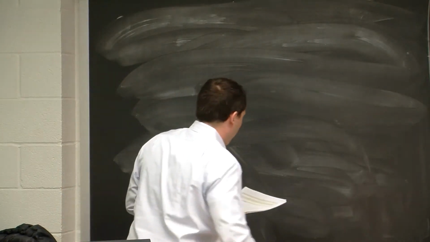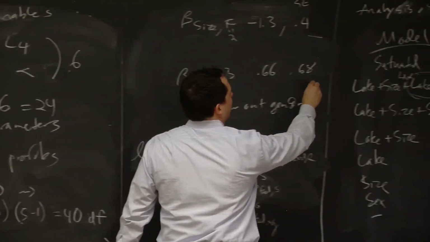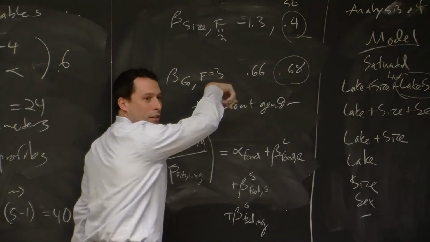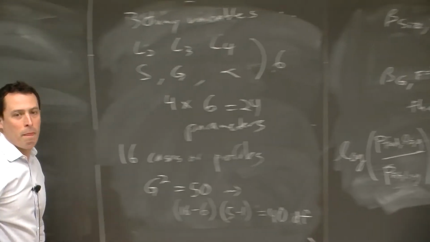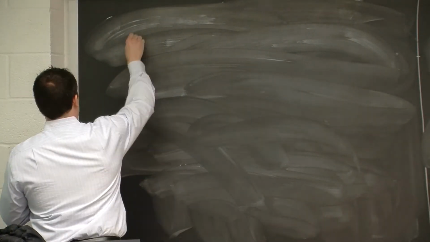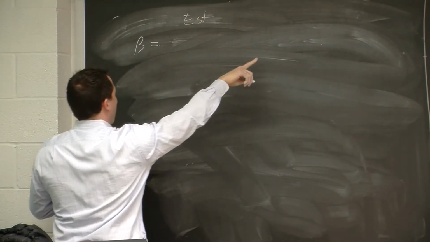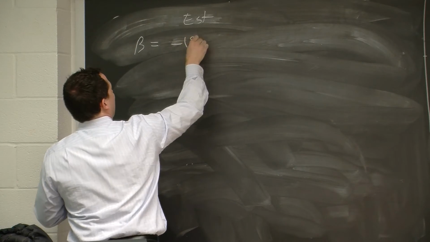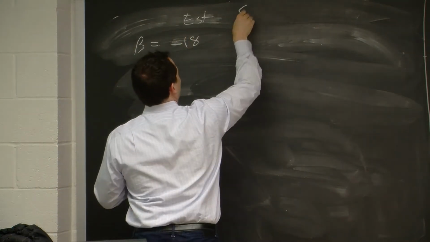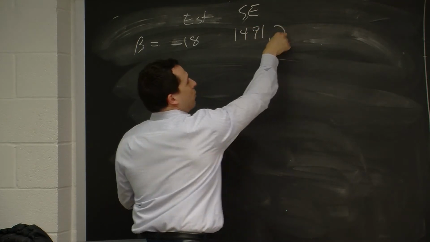One way you could tell that is that for most of these coefficients, we have standard errors of less than 1 and coefficient values that aren't too huge. And if you run that, you'll get one coefficient where the estimate for the interaction term is minus 18 and the standard error is 1491.2.